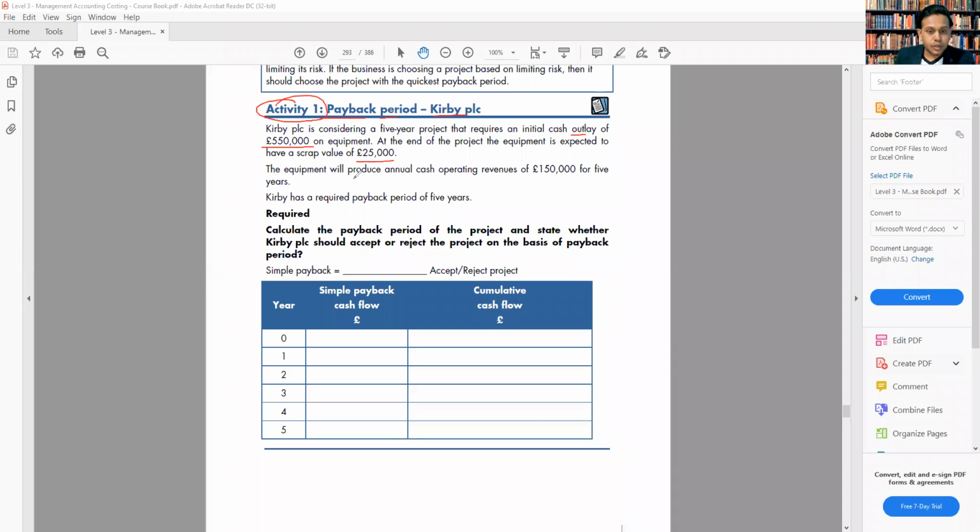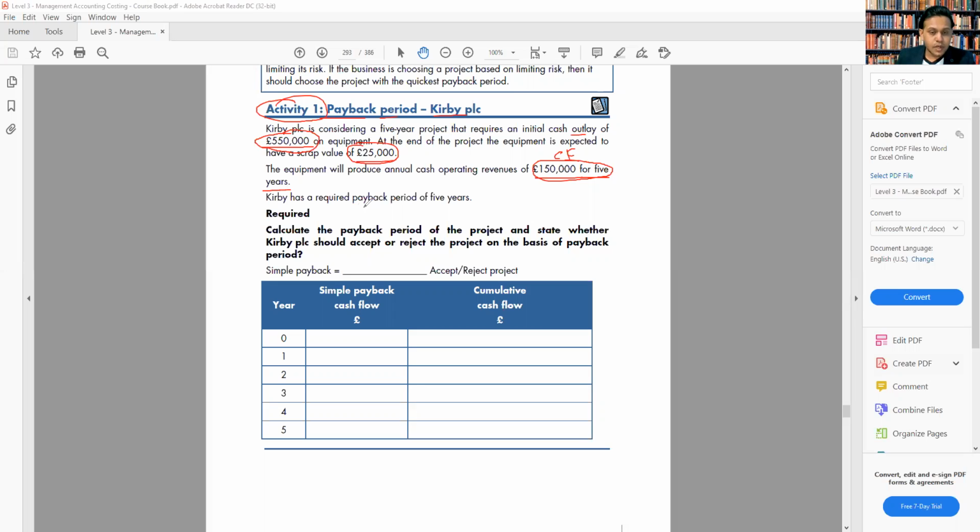The equipment will produce annual cash operating revenue of 150,000 for 5 years. So what we understand from here, we invest today 550,000, and the next 5 years we're going to receive 150 every year, and at the end of the 5 years we also receive 25 extra as a scrap value.